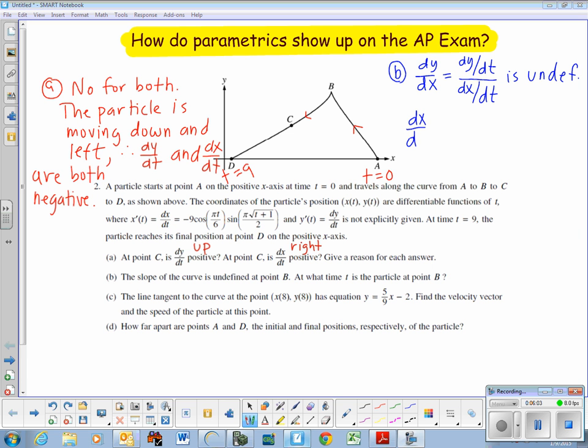So I need to see where dx dt is going to be 0. Because regardless of what dy dt is, the only way for a fraction to be undefined is if the bottom is 0. All right, so where does that happen? Well, dx dt, which I need to make 0, is -9 cosine pi t over 6 times sine of pi square root t plus 1 all over 2.